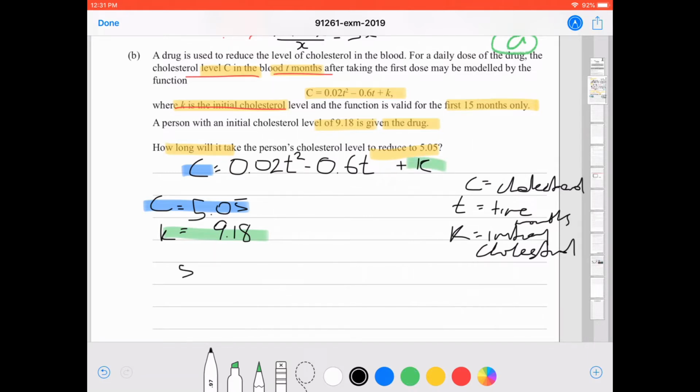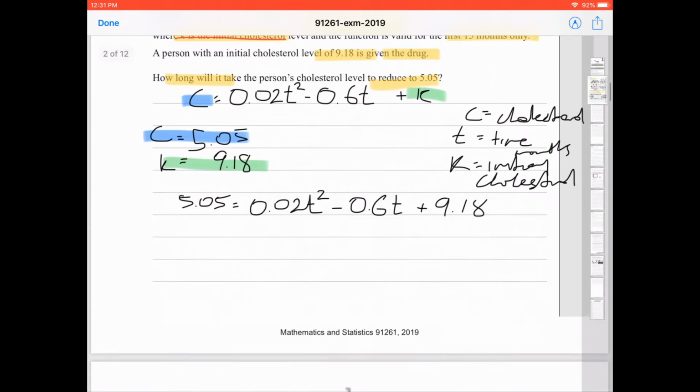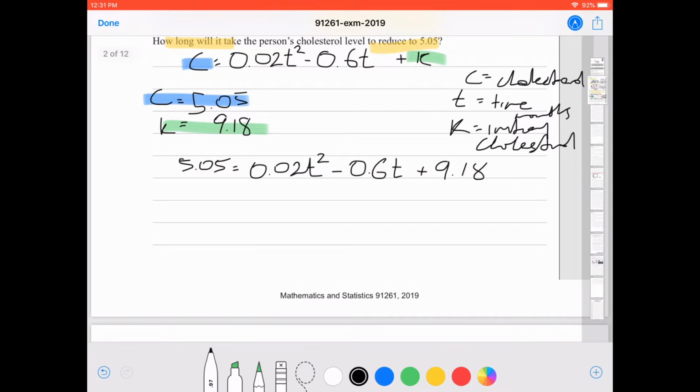So we've got 5.05 equals 0.02 t squared minus 0.6 t plus 9.18. Okay. Now let's bring everything to one side.